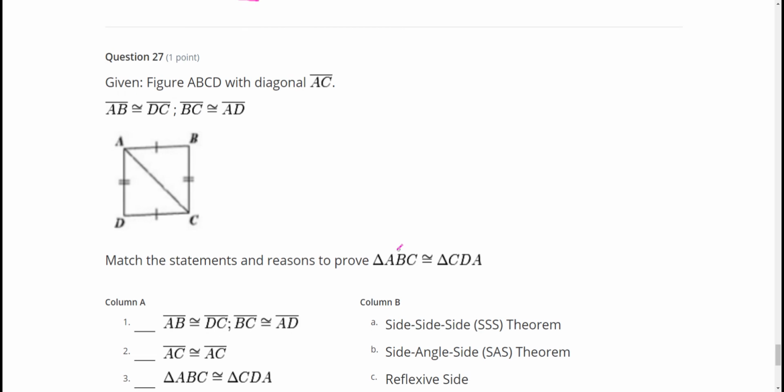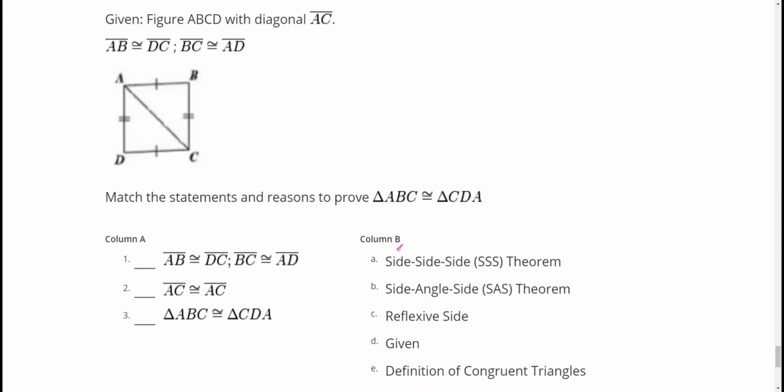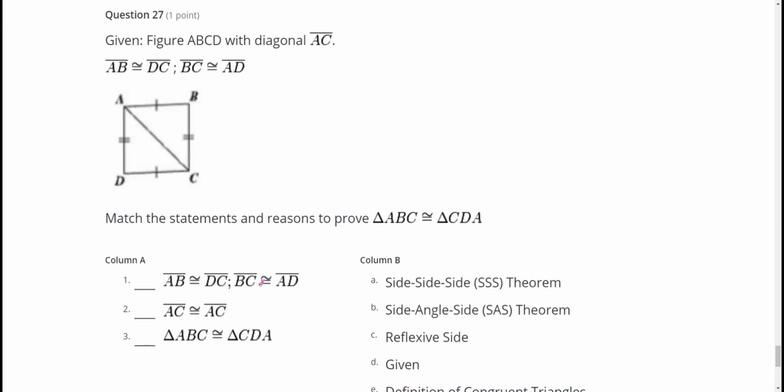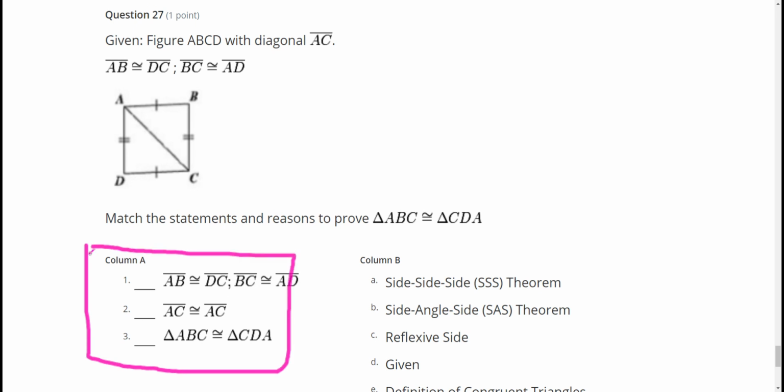And then 27 was the last one I wanted to look at. Remember, in proofs, you can only use what's in the proof. Please take the time to get out a piece of paper, download Screencastify, whatever you need to do so you can mark on stuff. So AB is congruent to DC, BC is congruent to AD, right? That's given to me in the picture and up here.